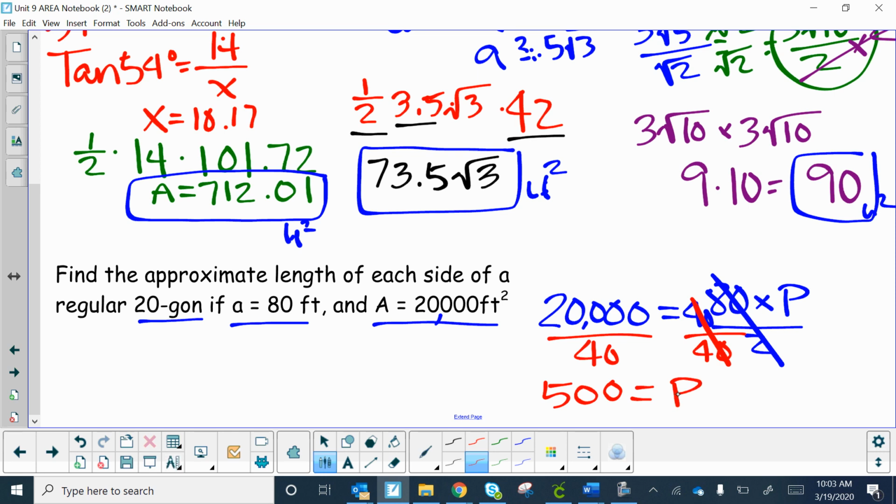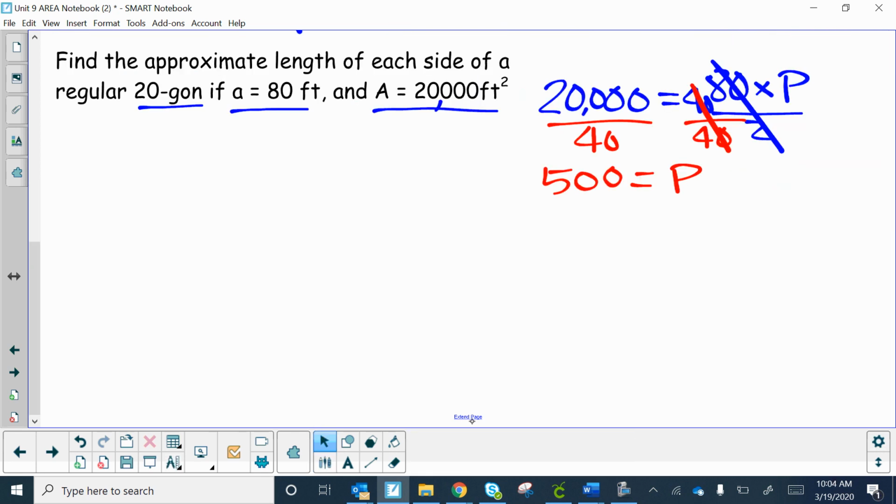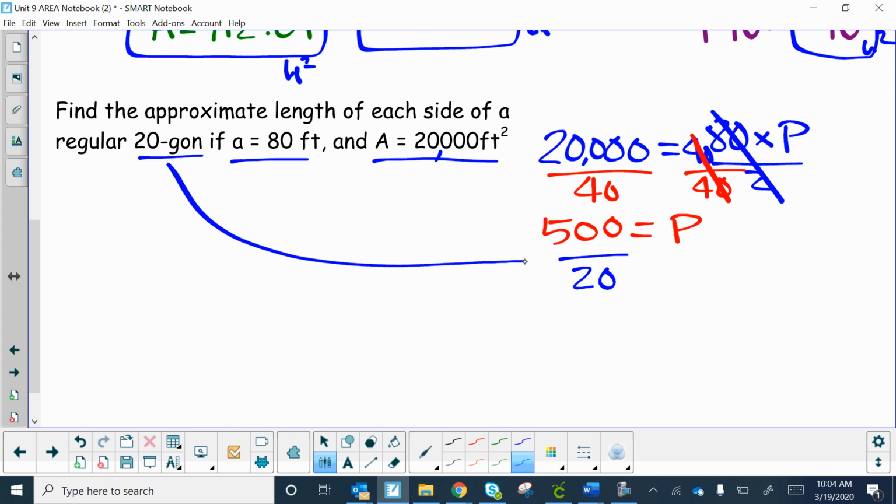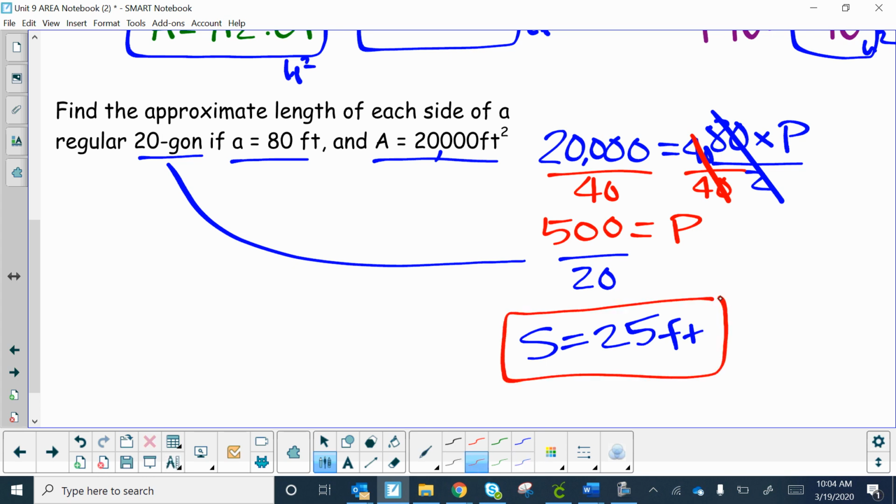Well, if the perimeter is 500, and this has 20 sides, I'm going to take 500 and divide it by 20, because it's a 20-sided polygon. And so that means each side length is 25 feet. And that's using the formula.